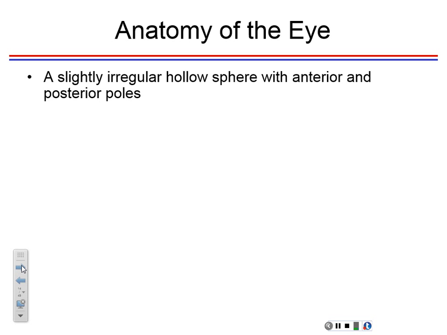Okay, so we're moving on to anatomy of the eye. It's a slightly irregular hollow sphere because of the cornea, right? It's mostly round like this, and then the cornea bulges outside like that. So it will have the anterior cavity over here, separated by the lens, and then the iris will create another cavity.